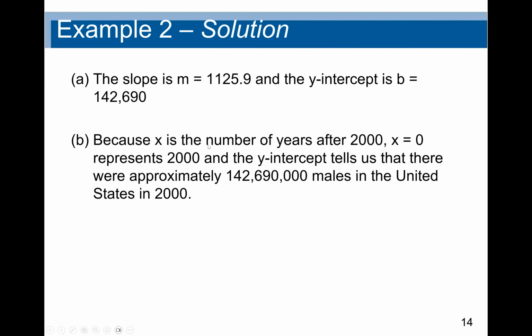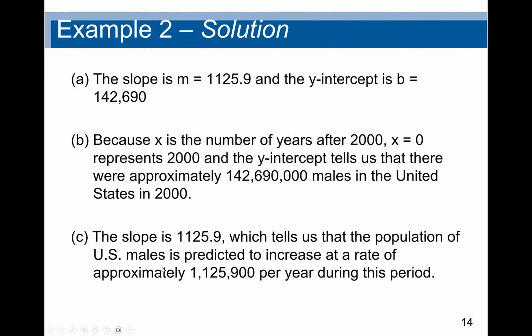So that's the value here. Then the last section, we say the slope is 112.59, which tells us that the population of US males is predicted to increase at the rate of approximately, and this is in thousands, so it will be 1,125,900 per year during this period.